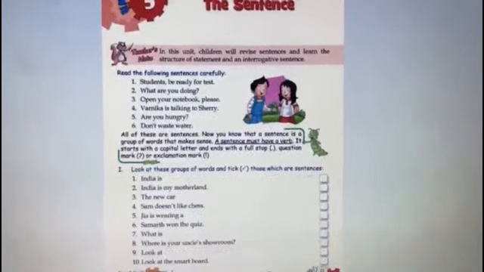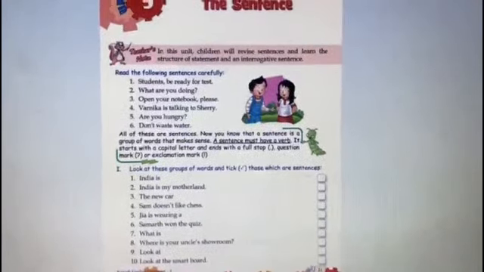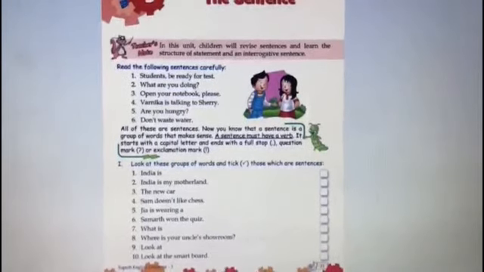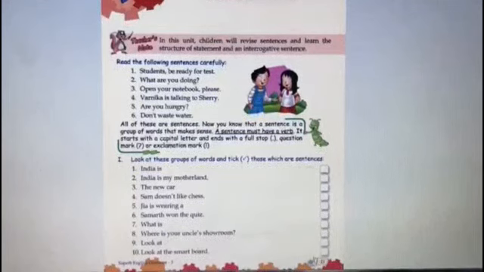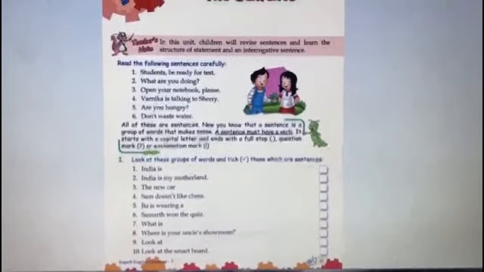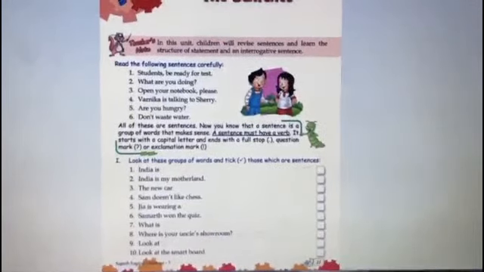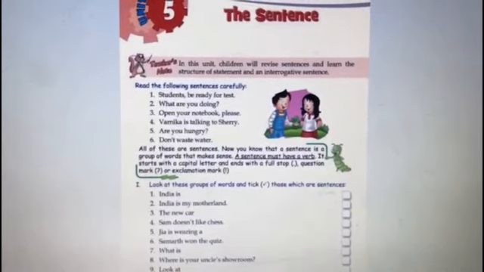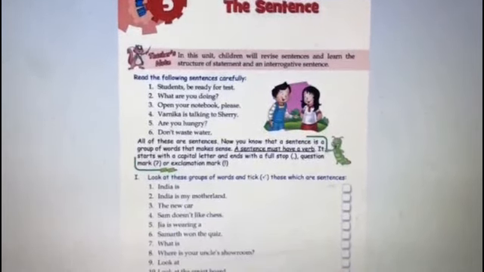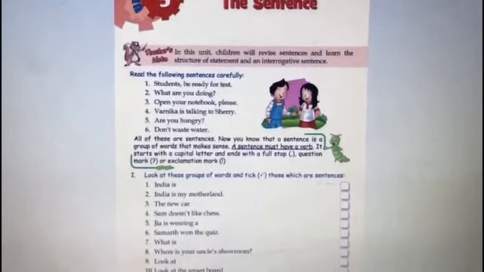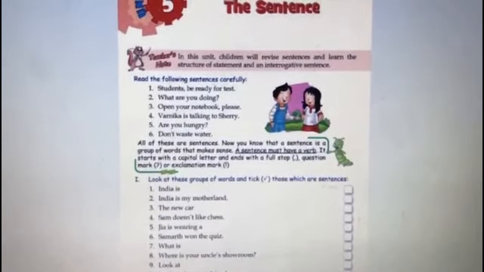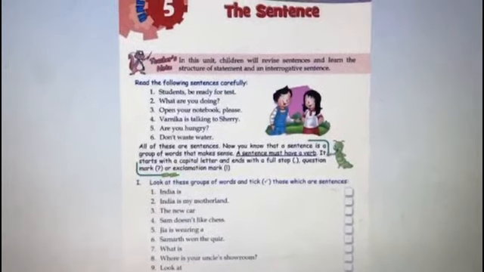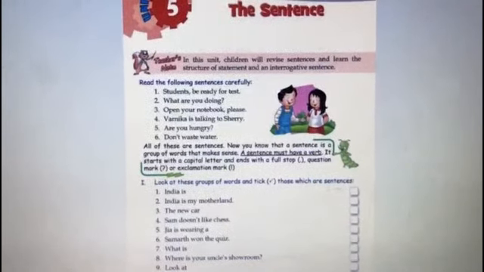Now children, for 2 minutes you read all the sentences from 1 to 6 aloud and practice the pronunciation. I am reading it again. Kindly practice after me. Number 1. Students, be ready for test.